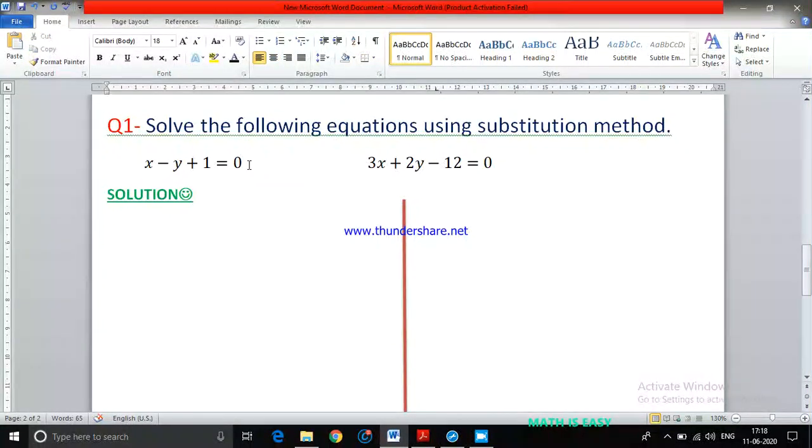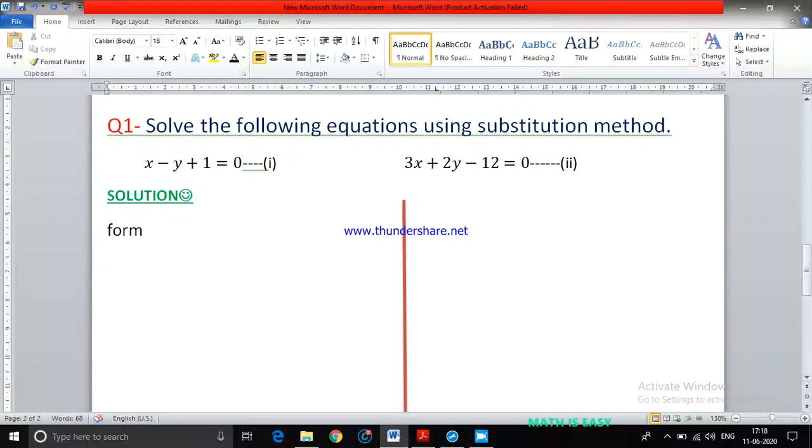So in the substitution method, you may take this as equation number 1, and this as equation number 2. Here you can choose either equation 1 or equation 2 as per your choice.